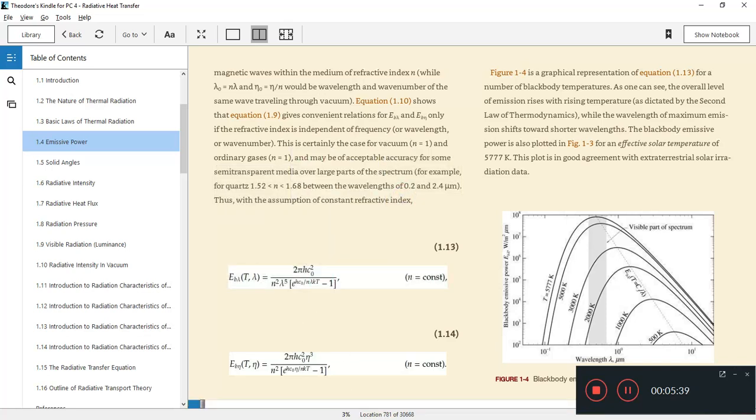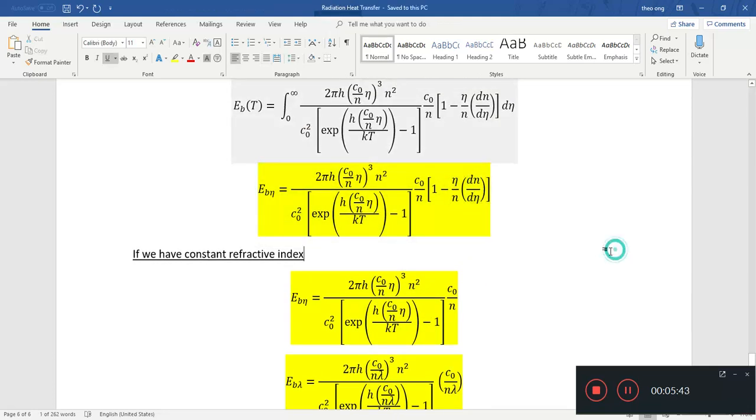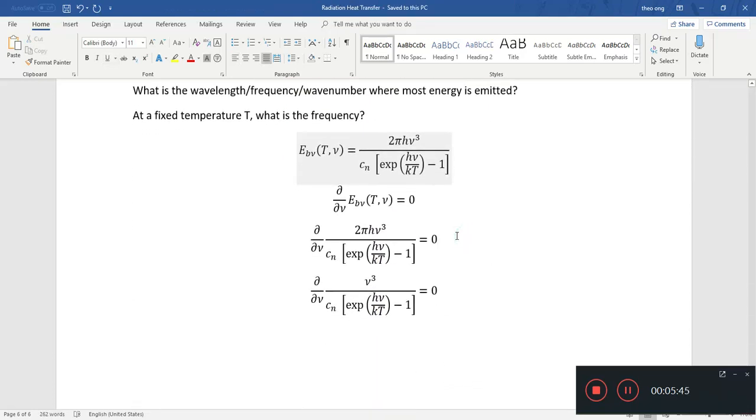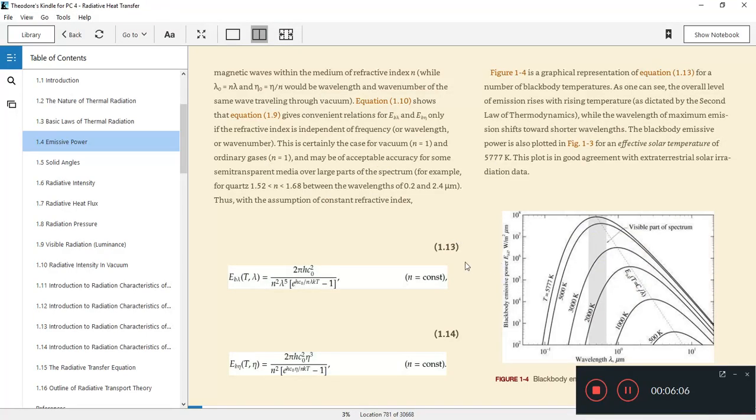Otherwise, you have to do all this messy different derivative. So just to take note, it's not always the case, but true for vacuum and gases.